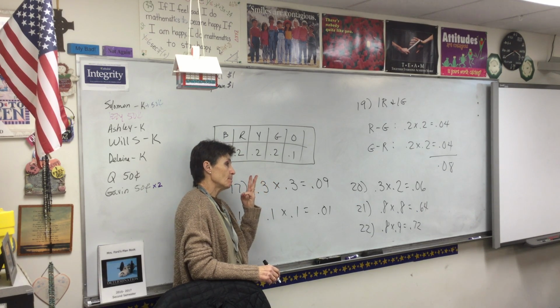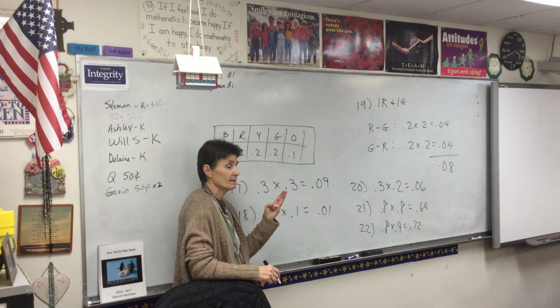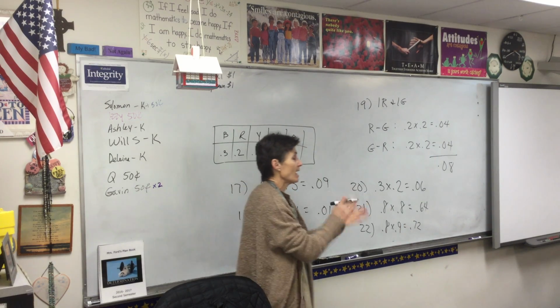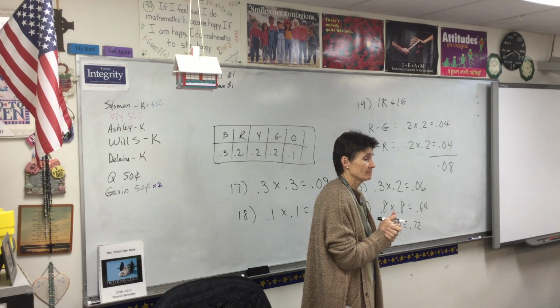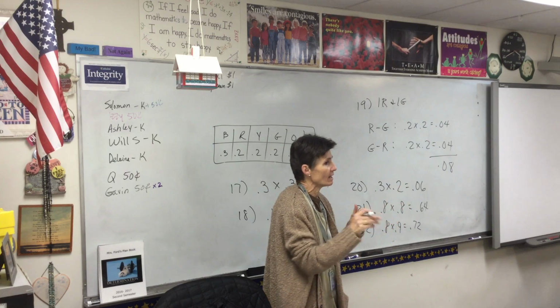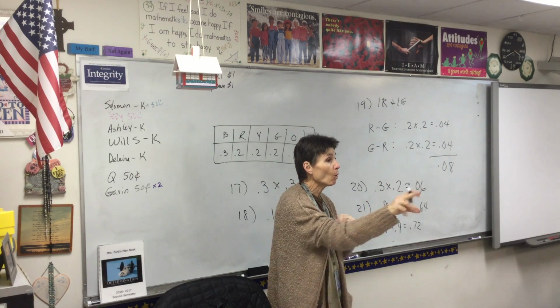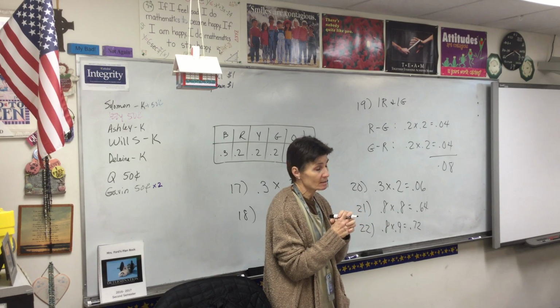Three big ideas there, and we've talked about all of them before, but let's go through them again. If you are doing two things at the same time, X and Y, you multiply the probabilities. If you are doing them one or the other, X or Y, then you add the probabilities.